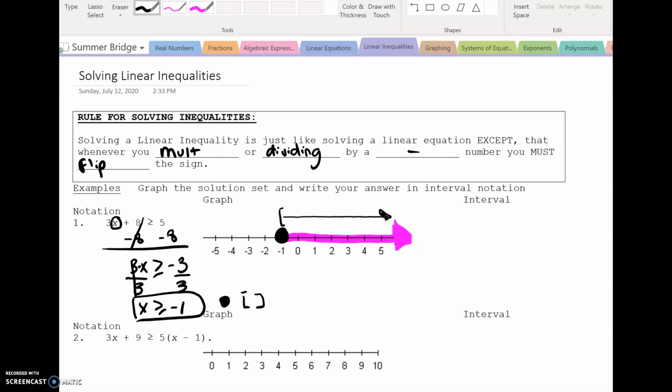Now my smallest number is -1, so for my interval I'm going to start from -1 and I'm going towards positive infinity. I always have parentheses with the infinity, and we just talked about using brackets, so I'm going to use a bracket for -1, and that would be my interval notation.